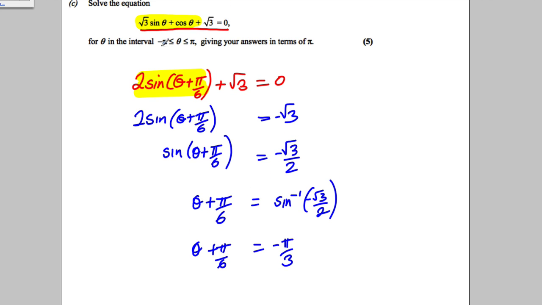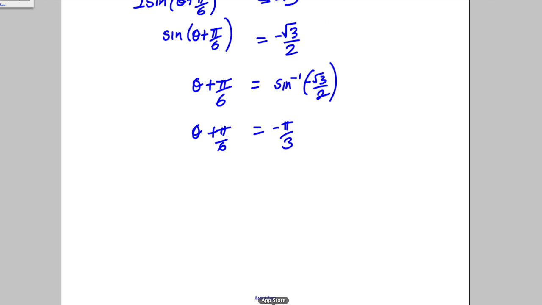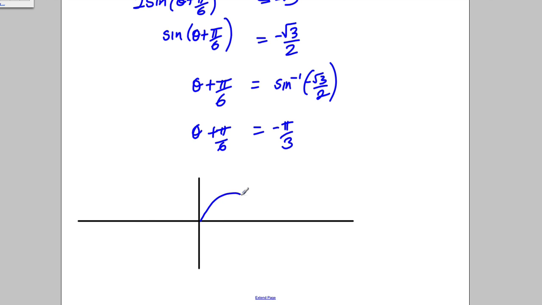Now look, we're looking for any values between negative pi and pi. Give your answer in terms of pi. So let's draw a quick sketch. And what we're going to do, the sine graph looks like that. Okay.